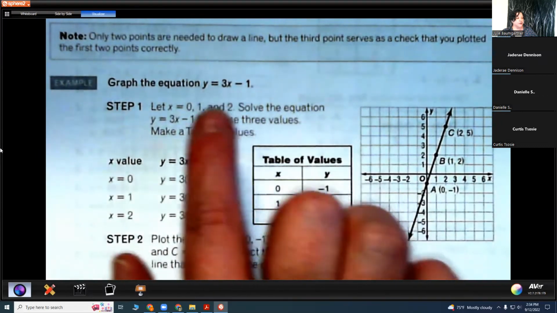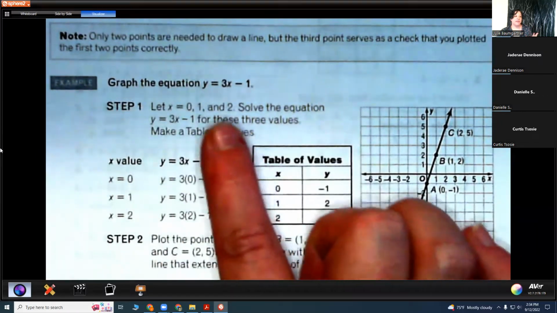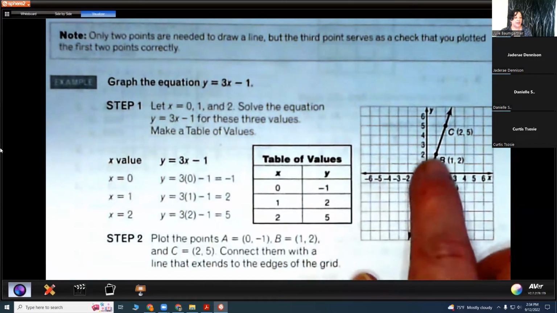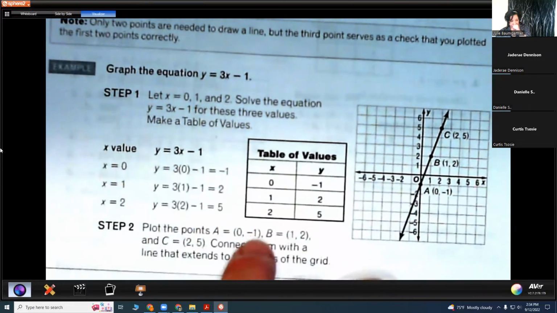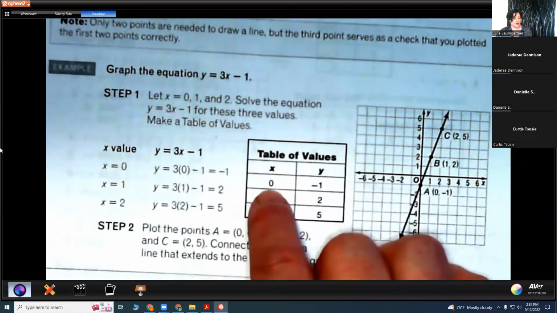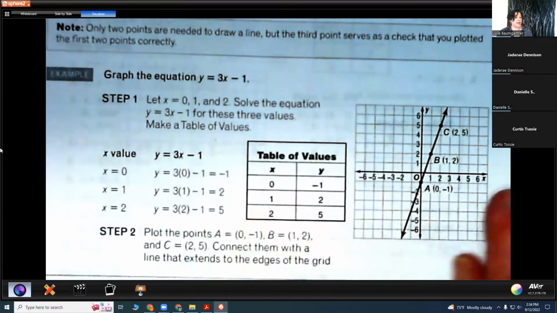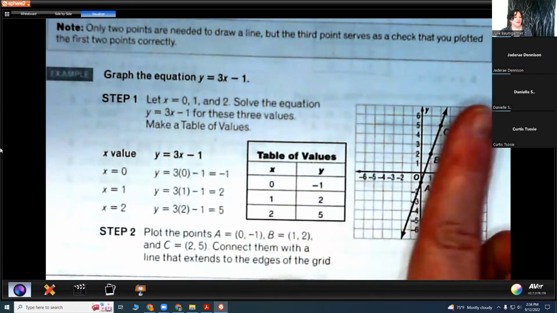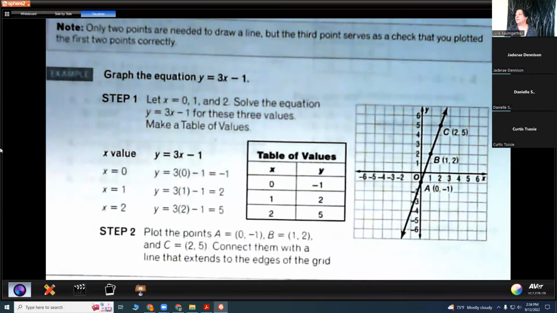And of course, in order to graph or draw the line, you have to locate, like I said, generally it's easier to locate 3 points just to make sure that your line's pretty and straight. Drawing a line with 2 points is definitely possible, but you leave yourself open for error, or at least I leave myself open for error. Maybe you guys are much better at drawing straight than me.